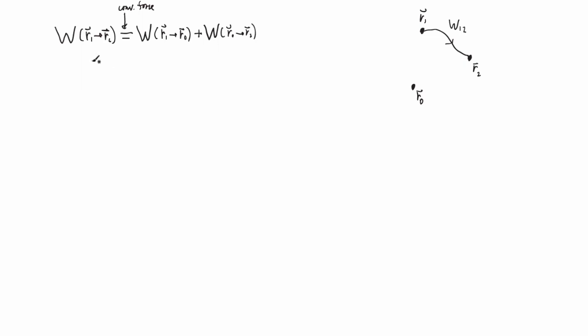Just to save some space, I'm going to call this W12 equals W10 plus W02. Now, if I move the particle in the opposite direction, then the work changes sign. So this becomes equal to minus W01 plus W02.